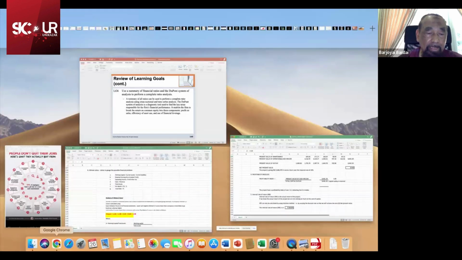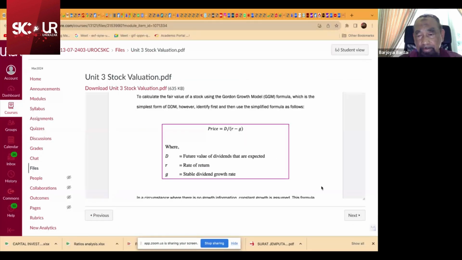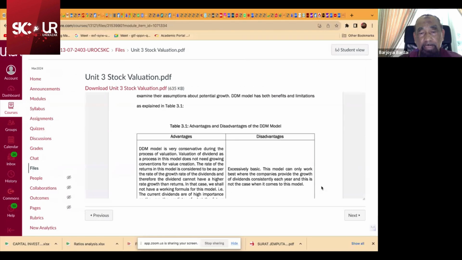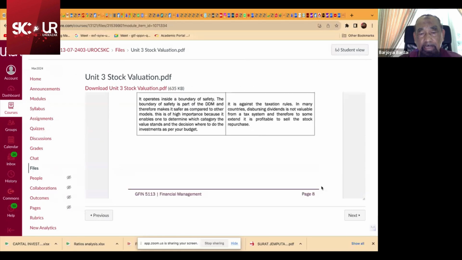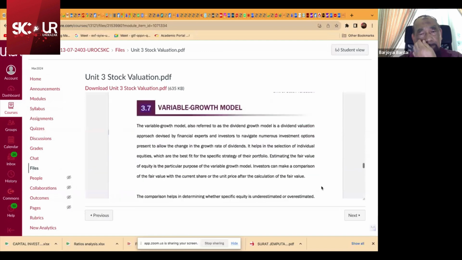The other method is called the variable growth model.